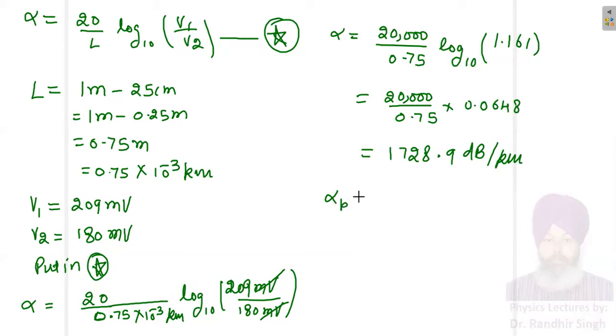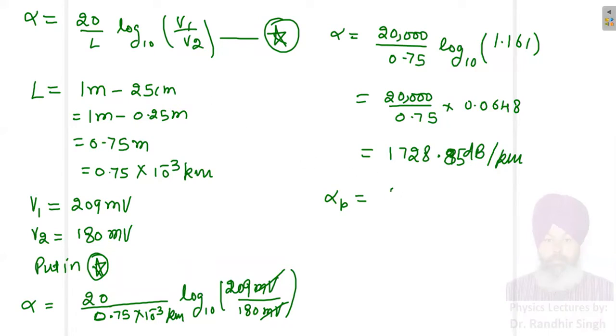So this is the value of the fiber loss alpha. Let me correct it up to second place of decimal: 1728.85.